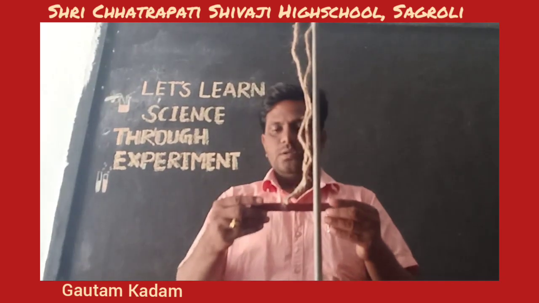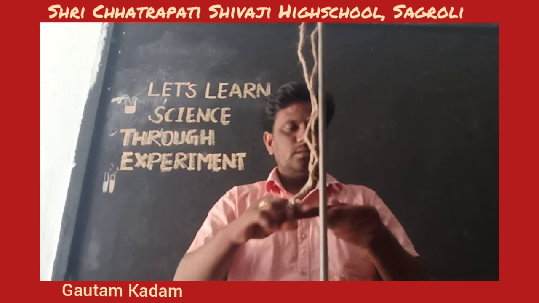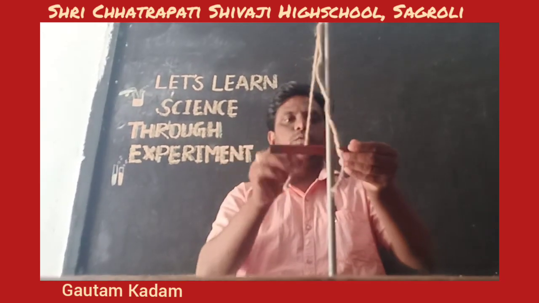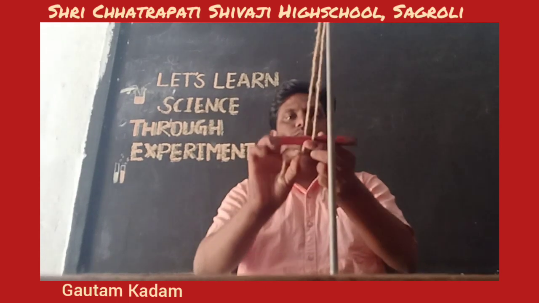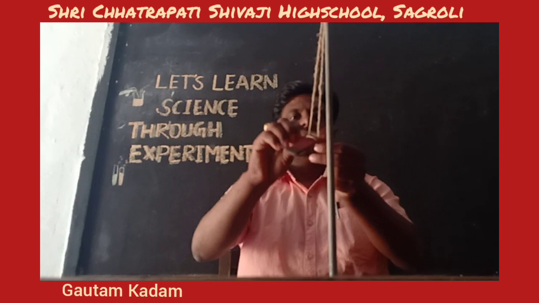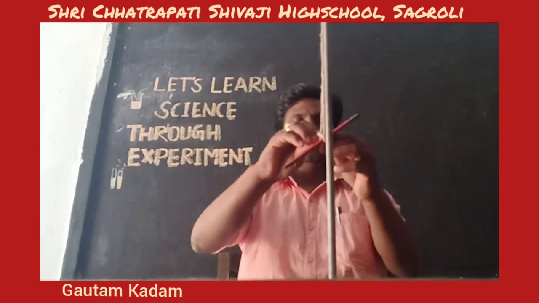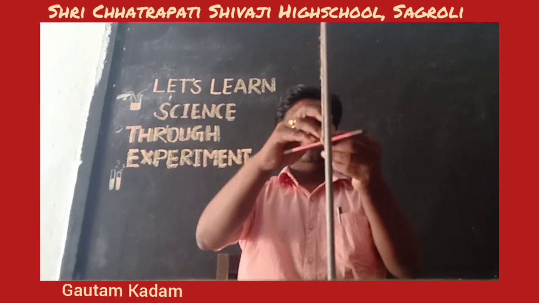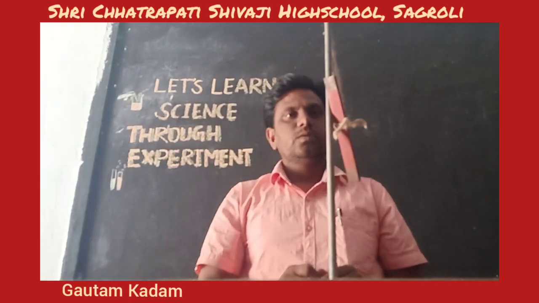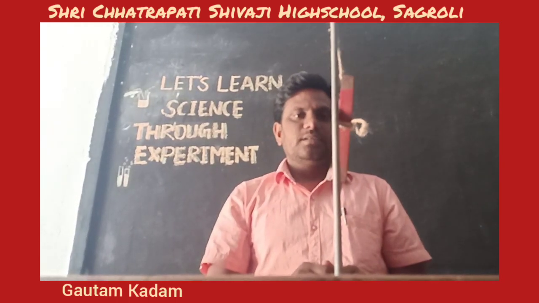Now we have to tie this bar magnet with the help of rope. We have to suspend this bar magnet by tying it with the help of rope. So this is the suspended bar magnet.